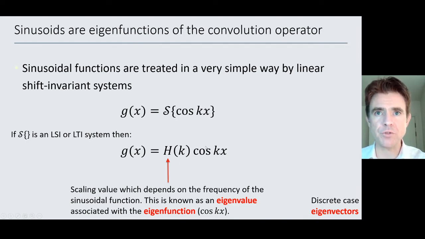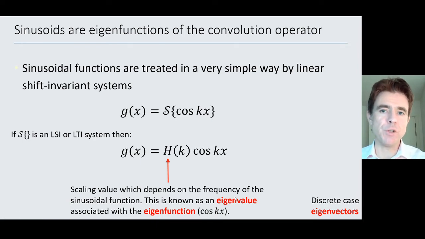All that has happened to it is that it has been scaled by some value h, which depends on the frequency of the sinusoidal function. So for frequency k, the scaling factor depends on that spatial frequency k. And this scaling factor of this eigenfunction or eigenvector is known as the eigenvalue.